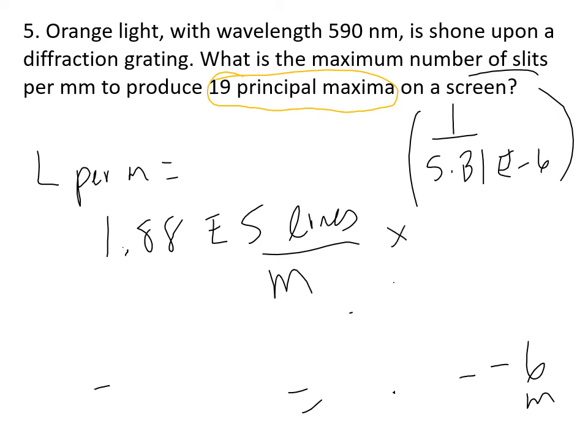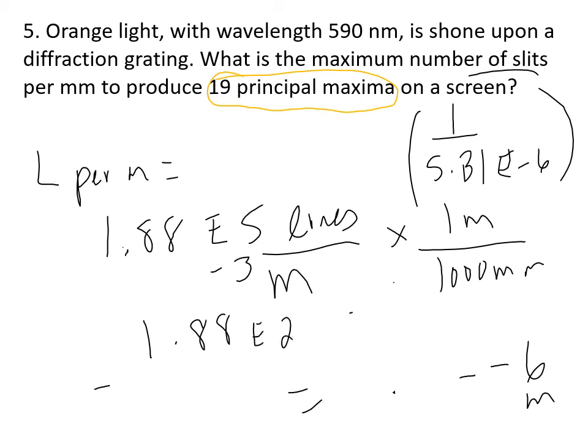So you will divide, you know that in every 1 meter there are 1,000 millimeters. So you'll divide this number by 1,000, or you can subtract 3, because this is 10 to the 3rd. So this becomes 1.88e2 lines per millimeter, or 188 lines per millimeter.